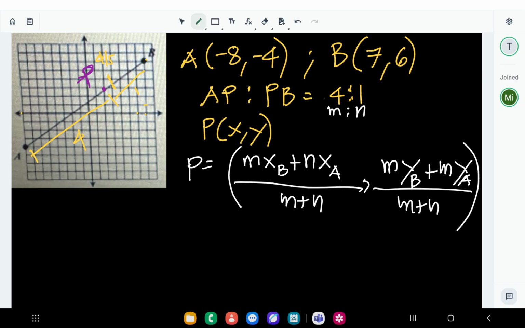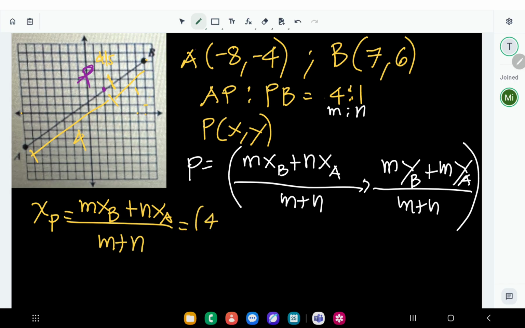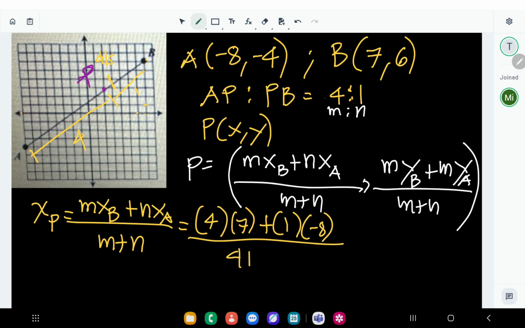Okay, and then we can solve for the value of the x coordinate of P. So x coordinate of P is equal to M x sub B plus N x sub A over M plus N. So M is 4 times 7, right? Plus 1 times -8. M plus N is 4 plus 1. So this is 28 minus 8 over 5. So this is 20 over 5. So this is 4.